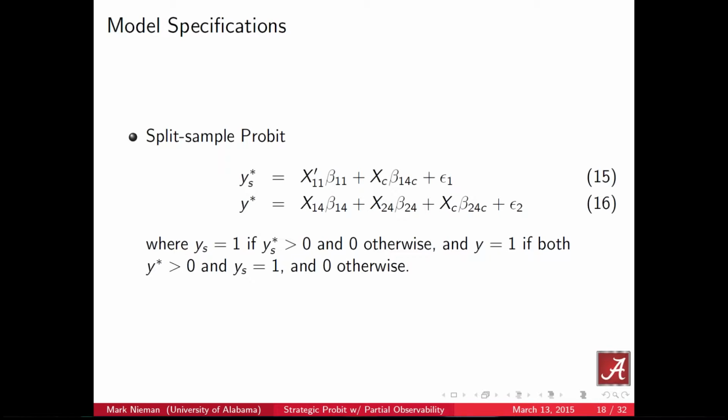The model only predicts y equal 1 when both stages are expected to have y equal 1, so when y star subscript s is greater than 0 and when y star is greater than 0.